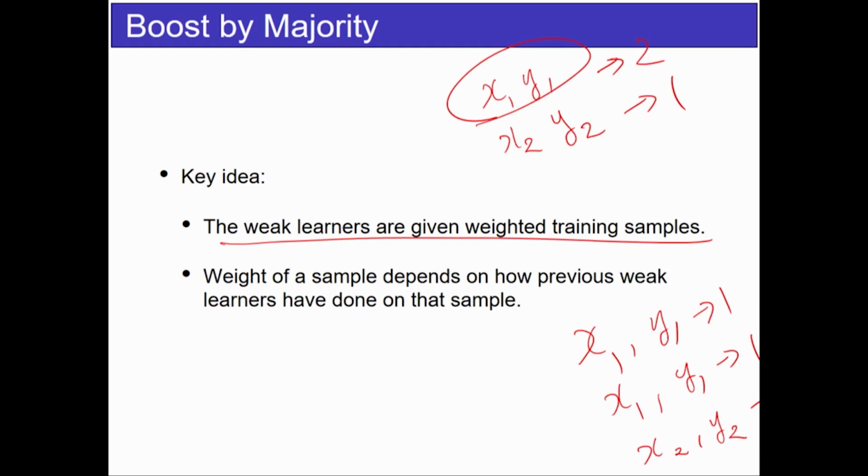And the next idea is that the weight of the sample depends on how previous weak learners have done on that sample. For example, say you are now deciding the 11th classifier in your sequence. If you have a sample on which all the 10 classifiers have done the right thing, then it does not really matter if the 11th classifier gets this sample right or wrong, because anyway you are going to combine things so that this is going to do well.